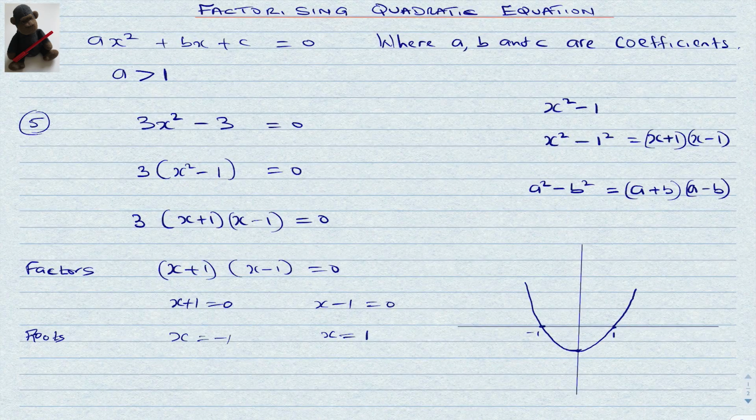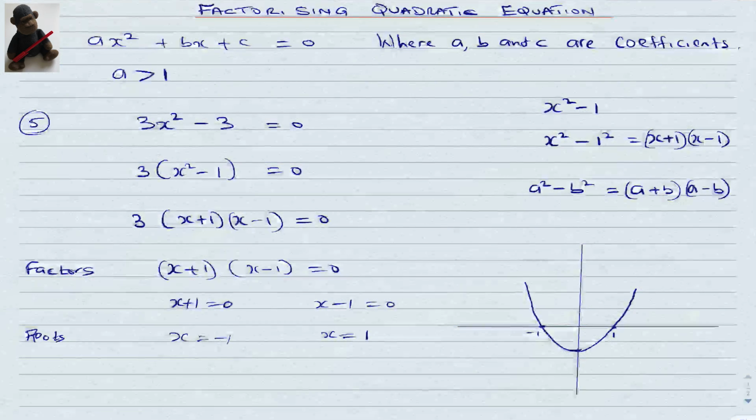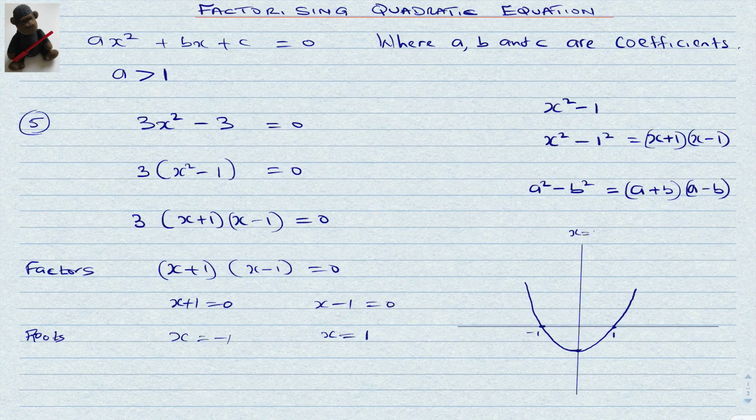The line of symmetry is the y-axis, which is x equals 0. So the y-axis is x equals 0, and the x-axis is y equals 0. And that's the quadratic roots, and that's the graph.